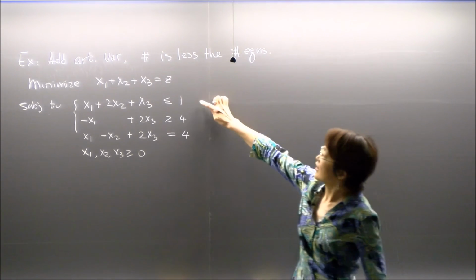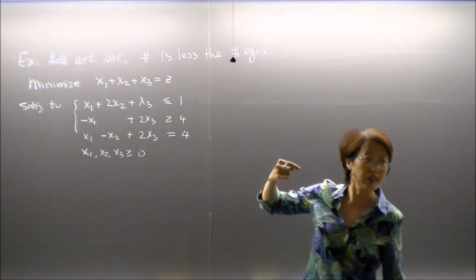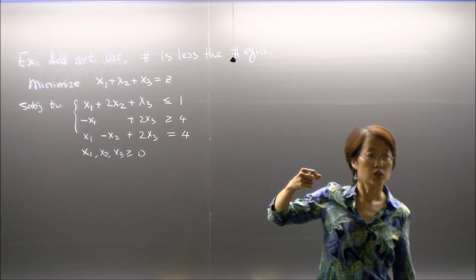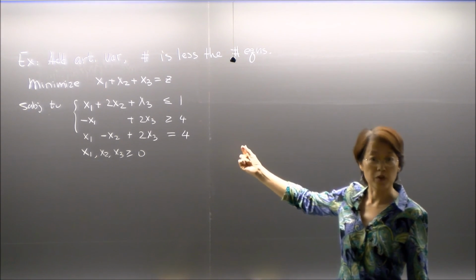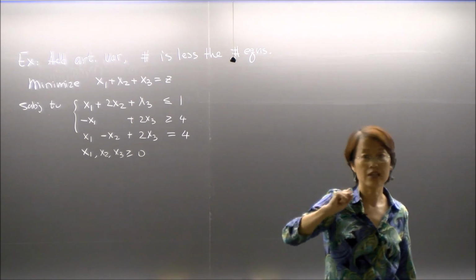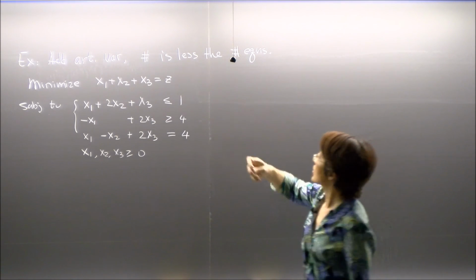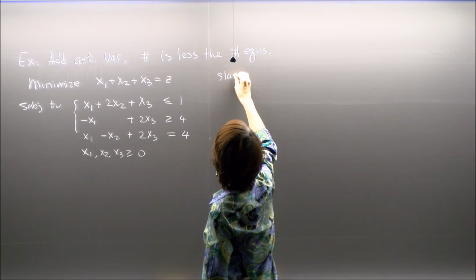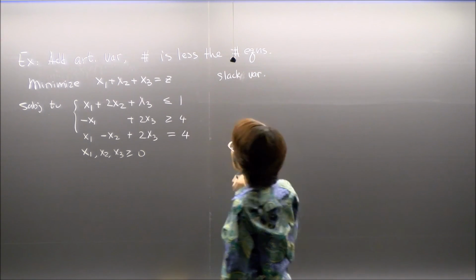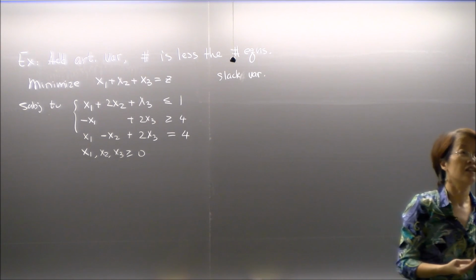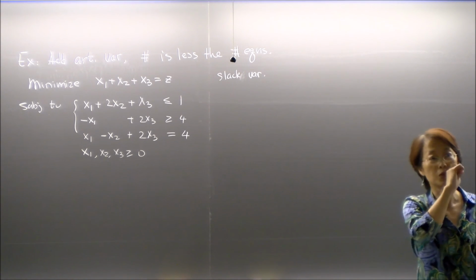We see that these are inequalities. What do we have to do first? We need to add slack variables and change this into standard form. So what slack variables should I add? Meaning, what should I add on the left so I can change it into an equal sign?